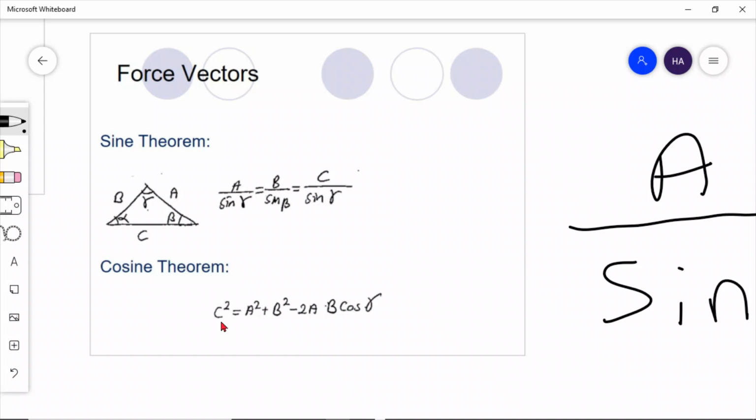In mathematics, this is like this. If you know the edge length B and edge length A and the angle gamma between them, then C squared, the square of the length of the third edge, is equal to A squared plus B squared minus 2AB multiplied by cosine gamma. So this is called the cosine theorem, in fact.